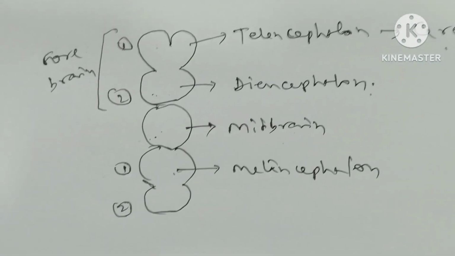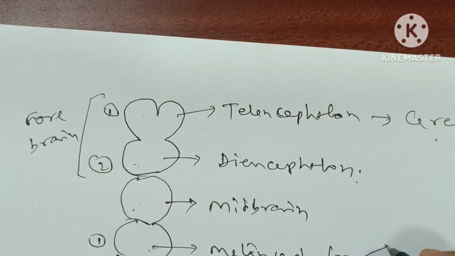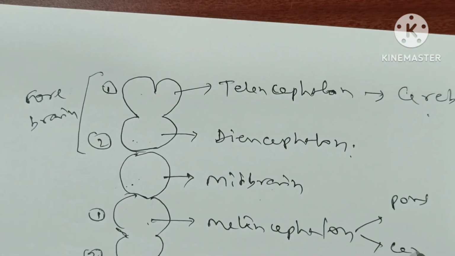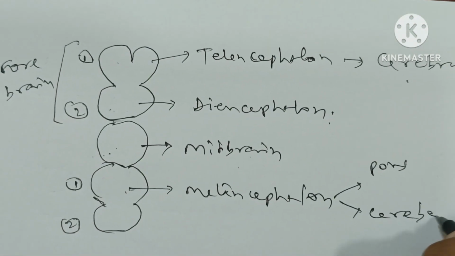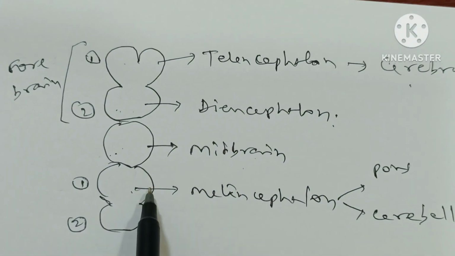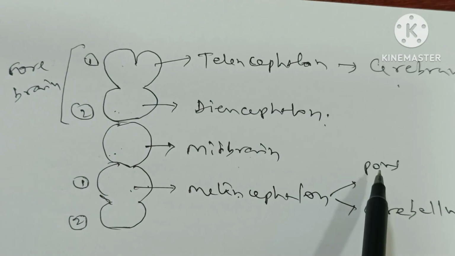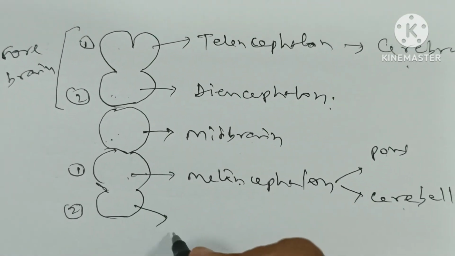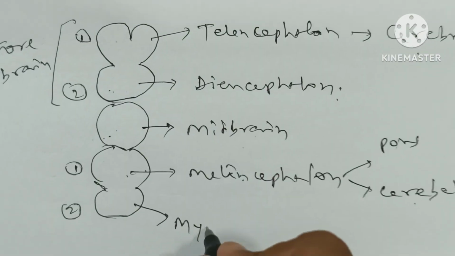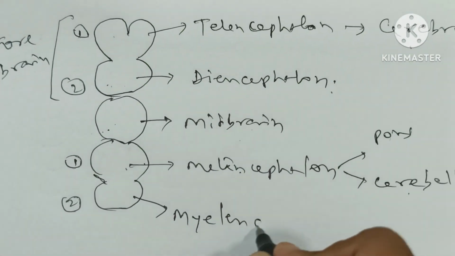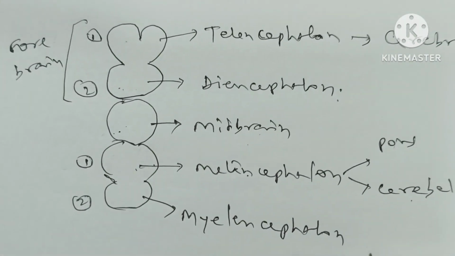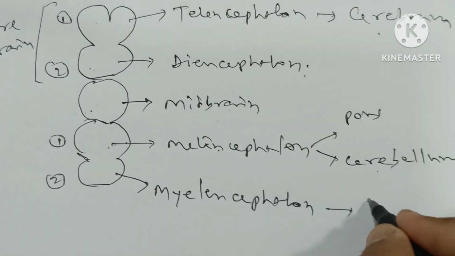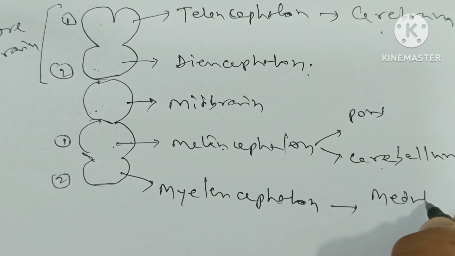This metencephalon will develop further into the pons and cerebellum. The next secondary brain vesicle is known as the myelencephalon, which will further develop into the medulla oblongata.